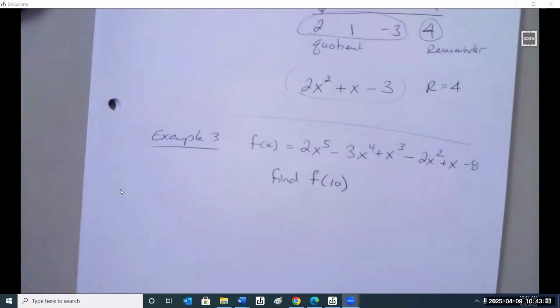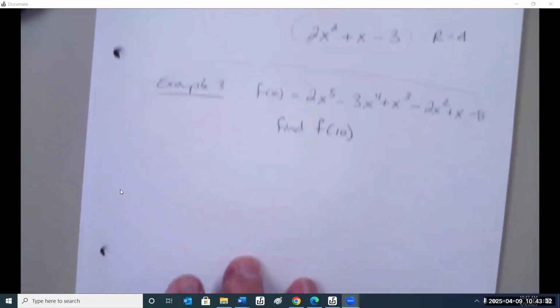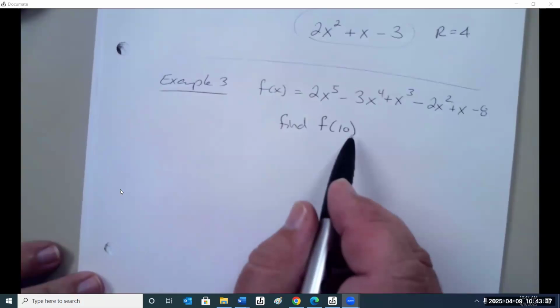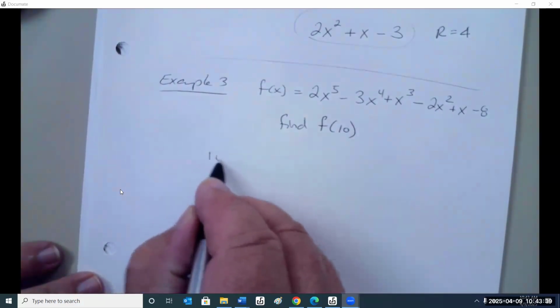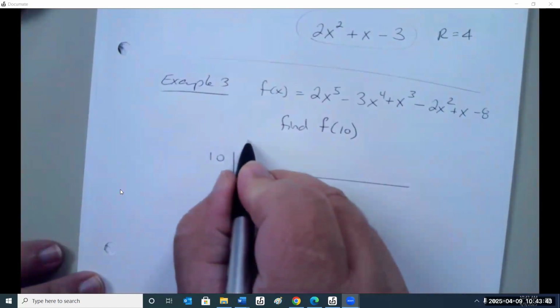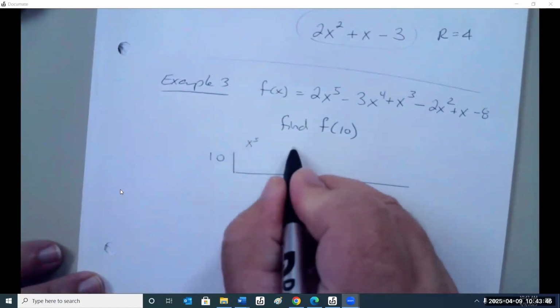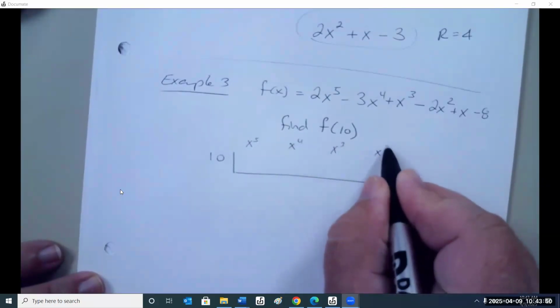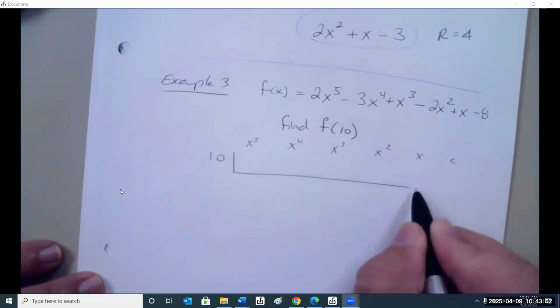An easy way of doing this one is use synthetic division. You put that in, and whatever the answer is going to be, that's the same as you plugging the numbers in there.